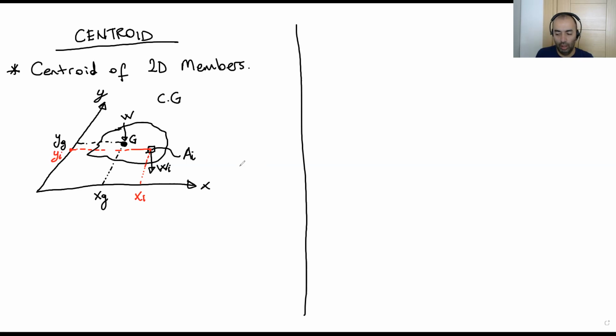So I will use this small member. Actually, I'm going to use a small member, and then I'm going to find the total members' properties. Let's write the equations.